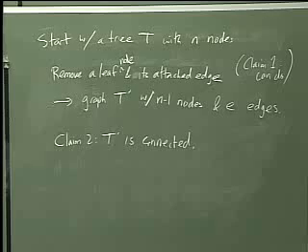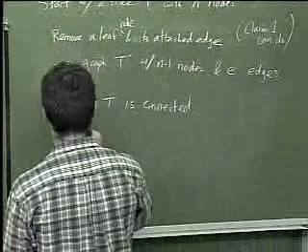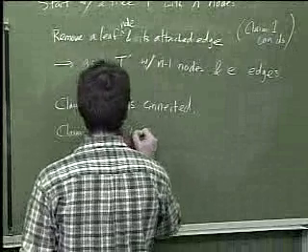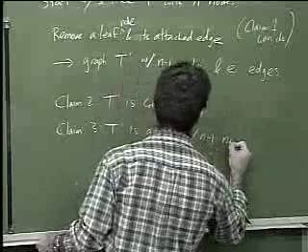Right? And now my claim 3 is that T prime is a tree with n minus 1 nodes.